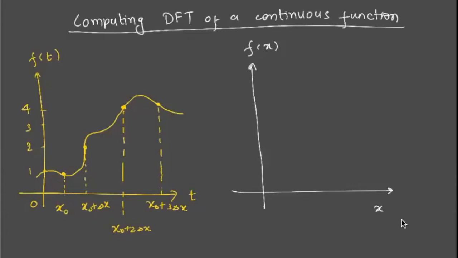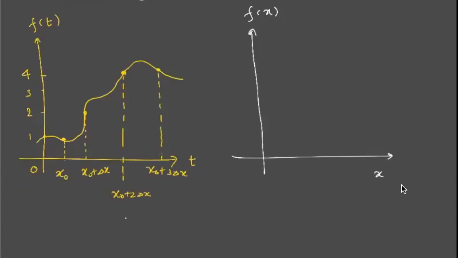So here our f of x is f of x naught plus x times delta x. Now tell me what will happen for the first position, f of 0, f of x naught, which is 1. So now this 1 will come here. 2, 3. So this is my first point. Next will be f of x naught plus delta x.